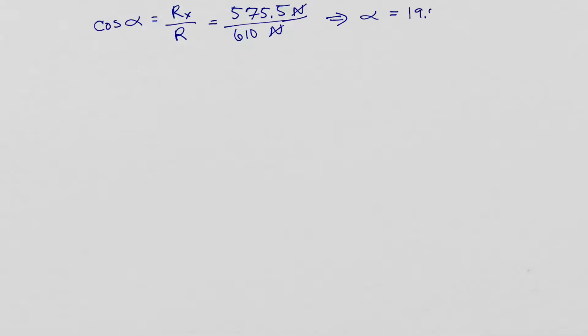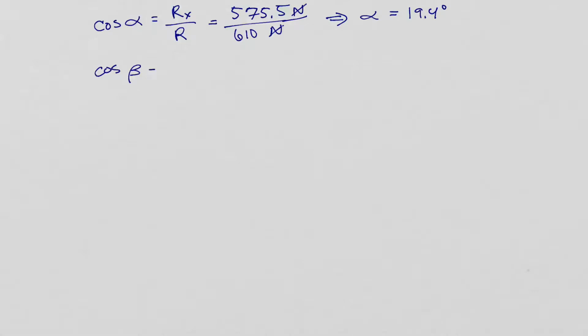And then it also wants us to determine the coordinate direction angles. So for that, we know that cosine of alpha equals Rx over R. And Rx that we found earlier was 575.5 newtons over, and R we just found was 610 newtons. So both newtons, so the newtons cancel out. And that basically gives us alpha equal 19.4 degrees.